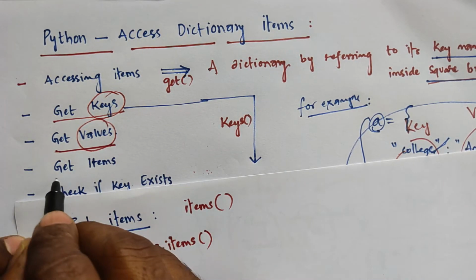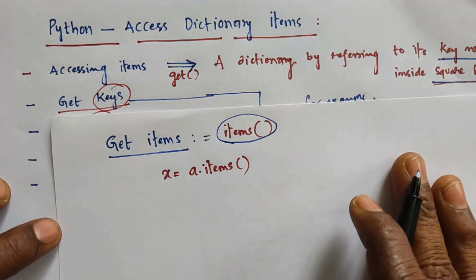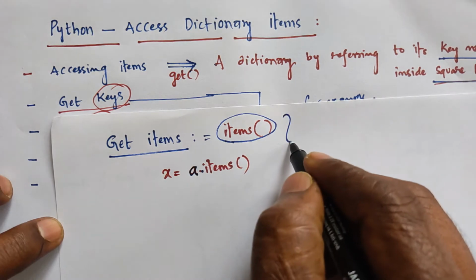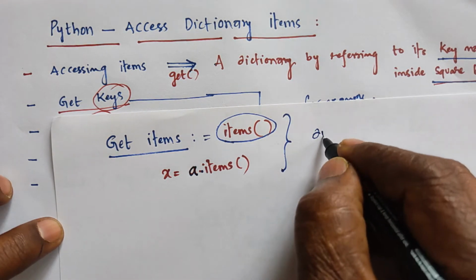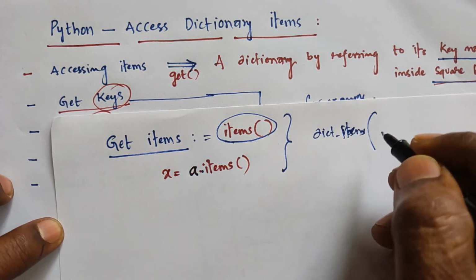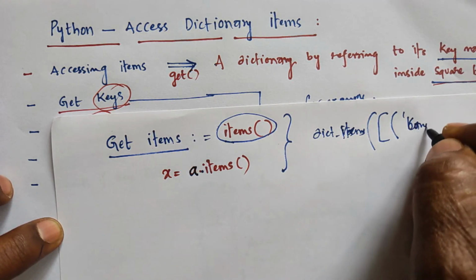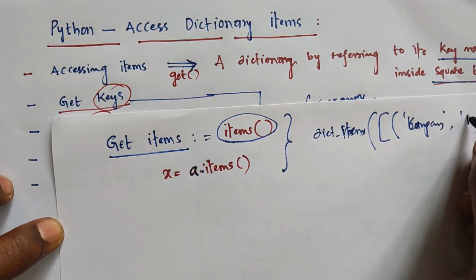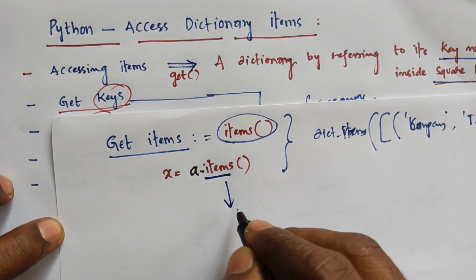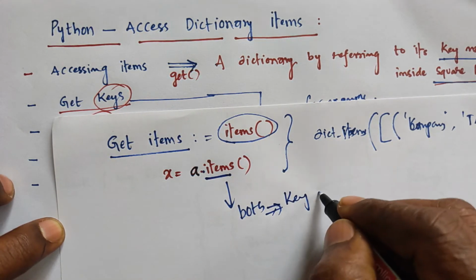Next one is get items. When you are using items, you can extract all items from the variable. So variable a dot items of this. After execution of these lines, you will get the response dictionary underscore items, not values, items of this in square bracket, and once again parentheses, then company Tata, like that each and every response you get. Items indicate both key and values.